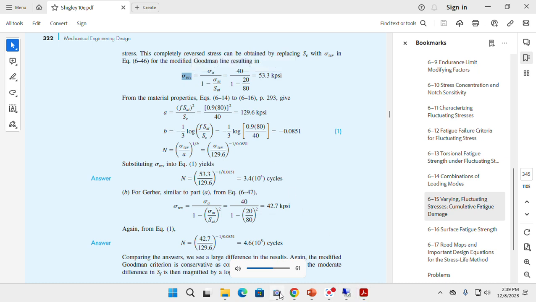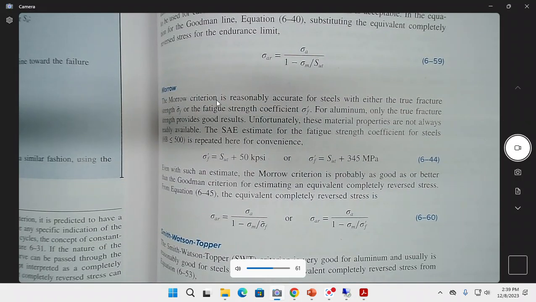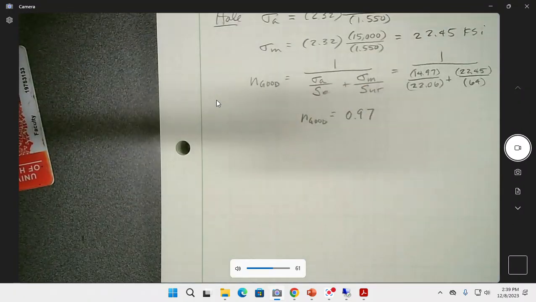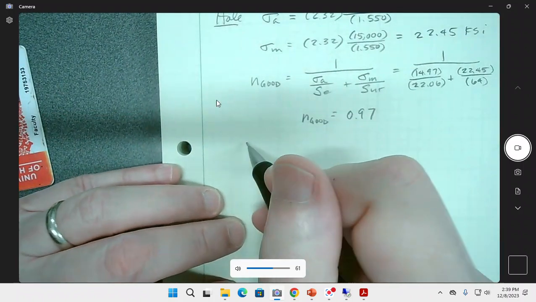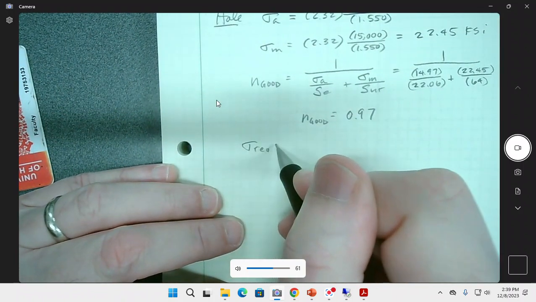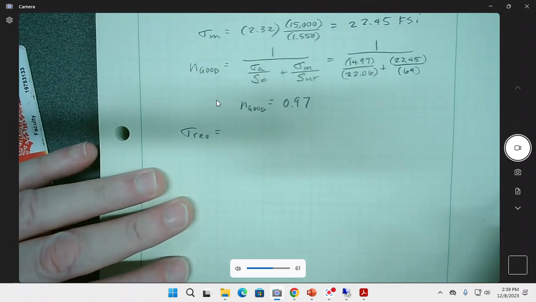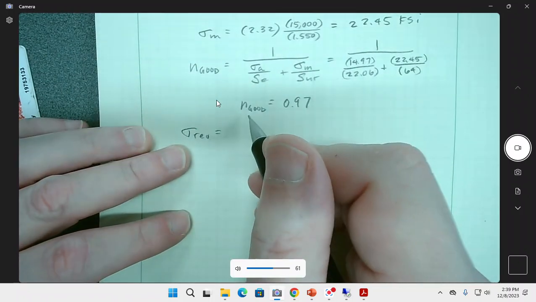It's easier to show it. Let's get the equation down first, and then I'll put a little graph onto it. I still think of it as sigma rev, because what we're finding is the equivalent completely reversed stress.